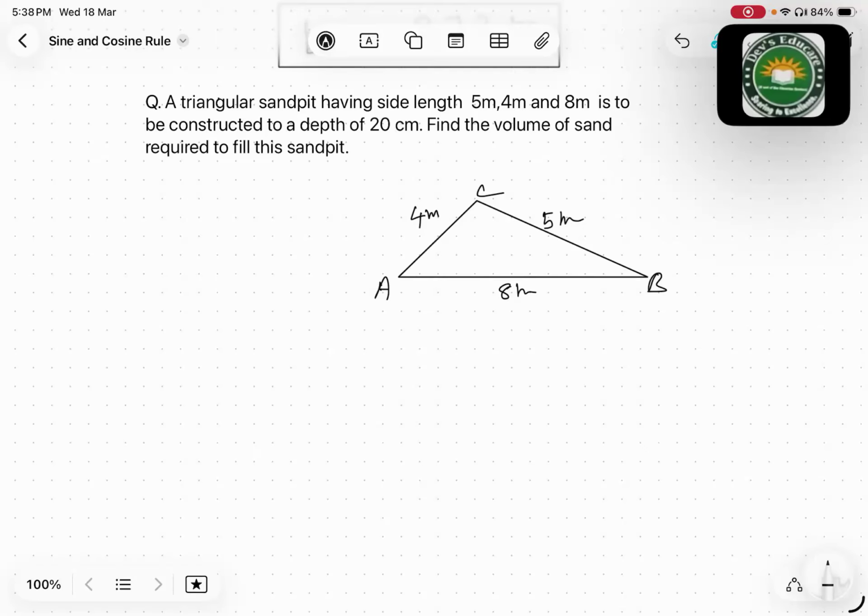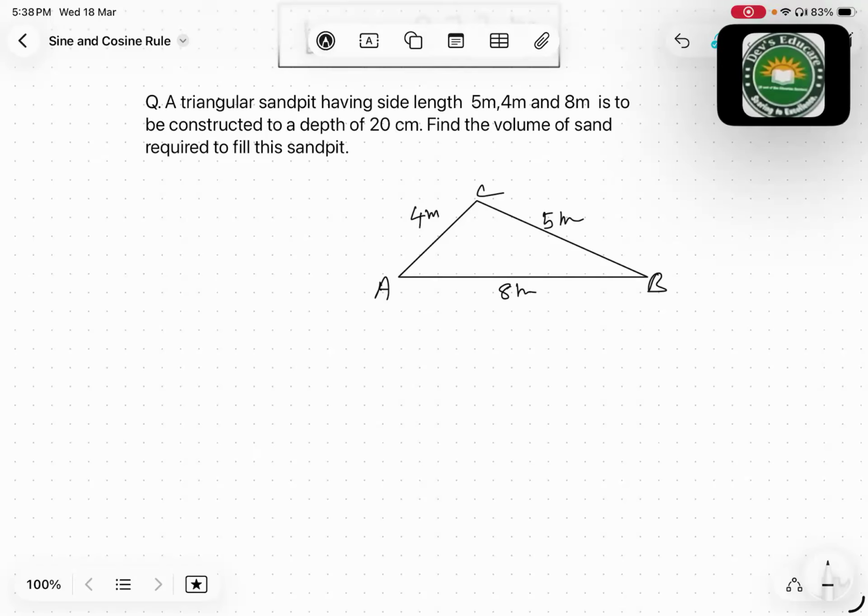In this question, in fact, all three concepts will be covered. First one, we will be using the cosine rule. And then obviously we have to find the area of the triangle to find the volume. So first we shall use the cosine rule, then we'll find the area of the triangle, and then finally we will find the volume of the sandpit.